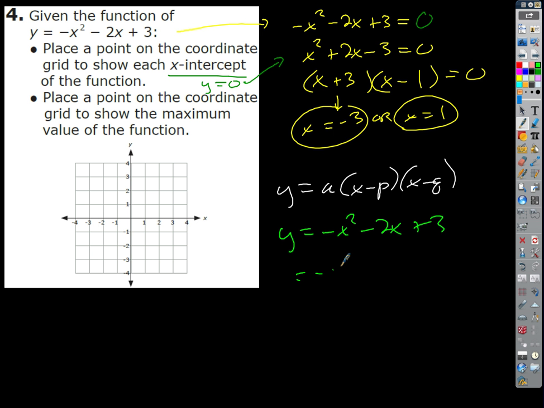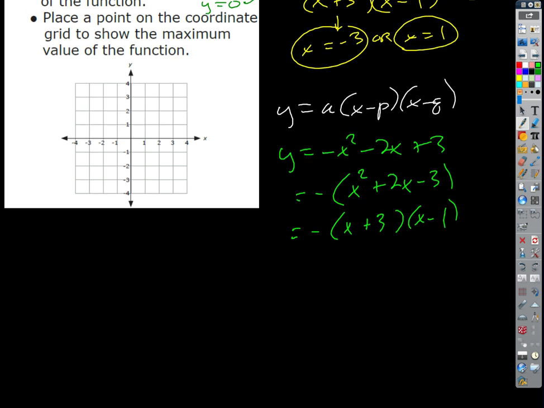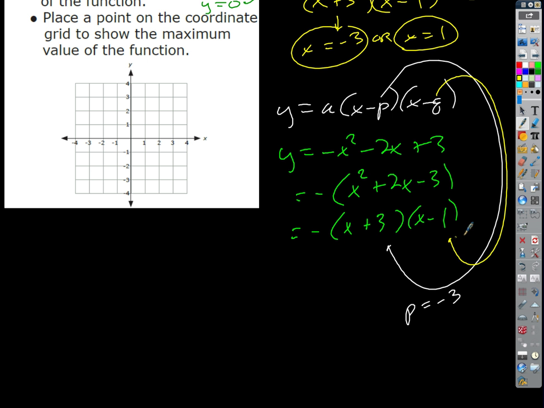So I write this as negative the quantity x squared plus 2x minus 3, and we already factored that: x plus 3 and x minus 1. Isn't that telling us that p is negative 3 and q is 1? Either way, the x-intercepts are at negative 3 and positive 1.